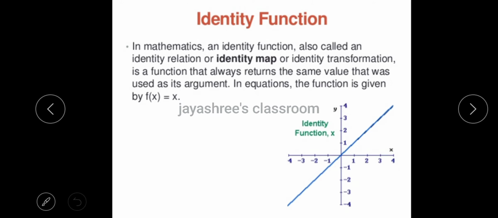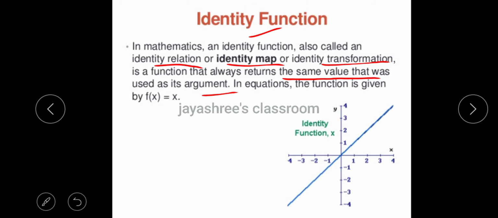Now we have another beautiful function, the identity function. In mathematics, an identity function is also called identity relation, identity map or identity transformation. It's a function that always returns the same value that was used as its argument.